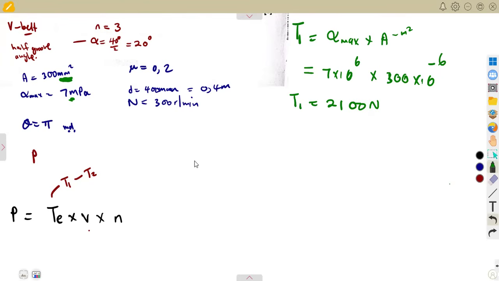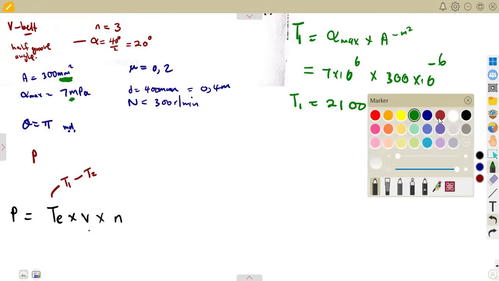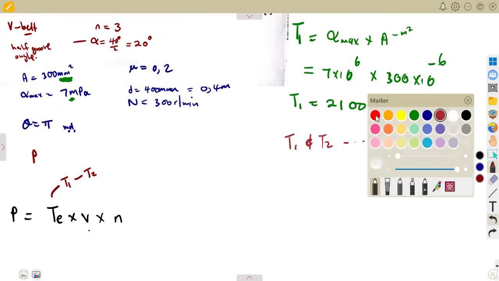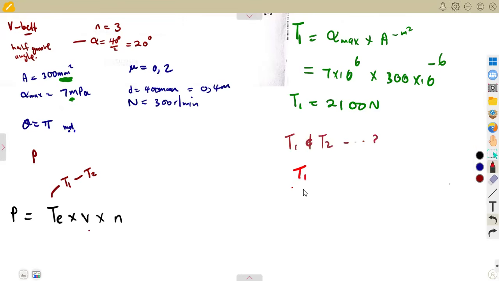To find T2, remember we have the ratio of tensions between T1 and T2. We do not have the mass, so the centrifugal force is not to be considered. For a V-belt, T1 over T2 is equal to e to the exponent of mu theta cosec alpha, where alpha is the groove angle.